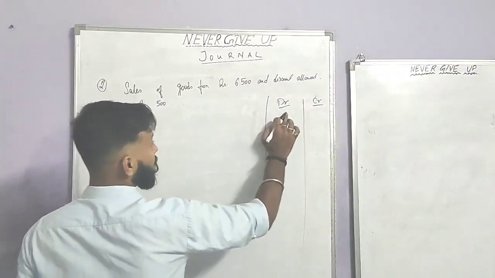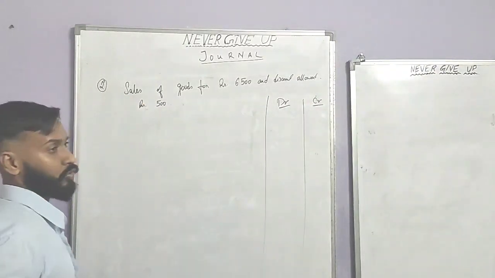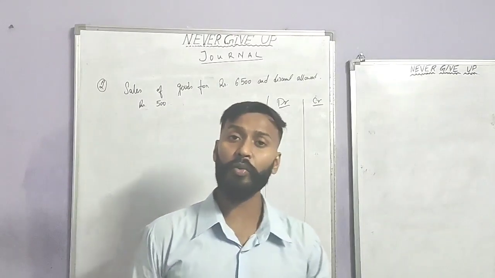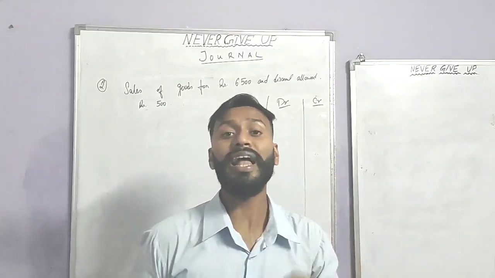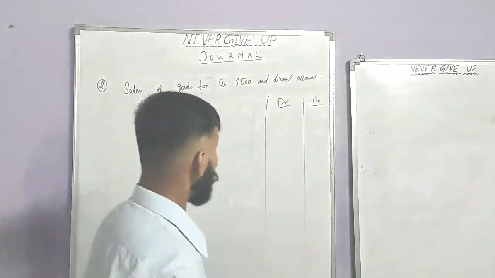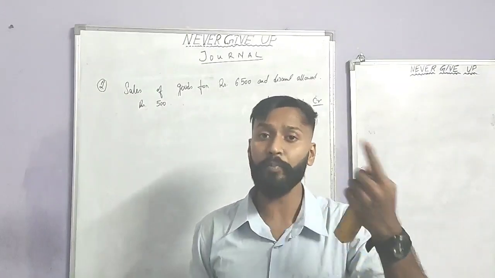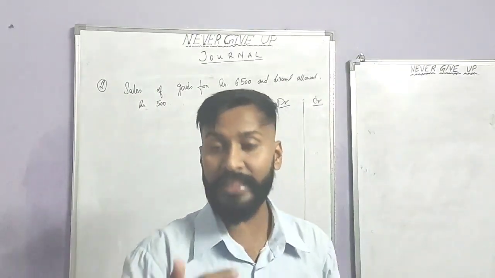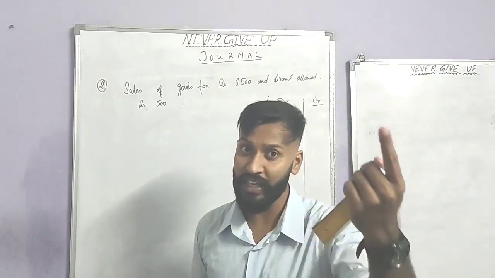Alright? Debit column, credit column. So how many accounts are there? There are three accounts: sale account, cash account, and discount allowed account. Now if you sell any product, cash will come in the business.